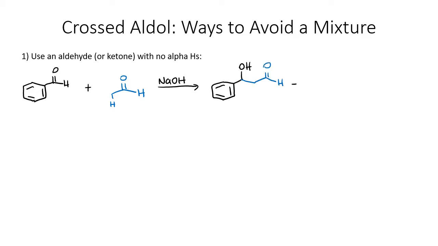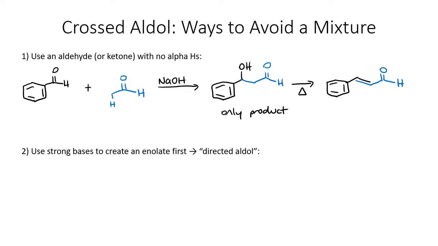Then adding heat, which I'll show with the delta sign here, will allow us to form our conjugated product. So using one reagent that has no alpha hydrogens will allow us to form only one product.